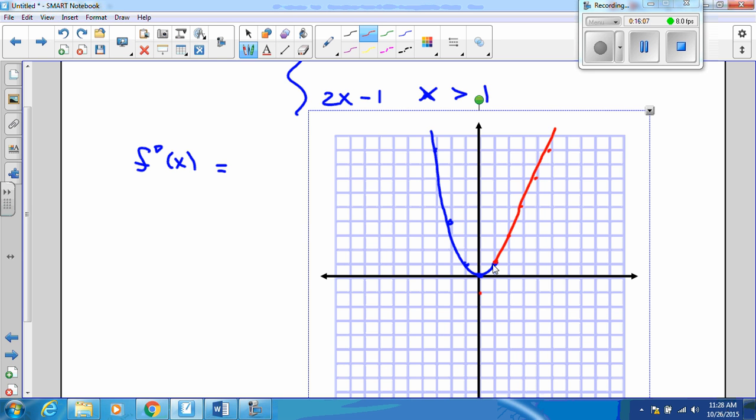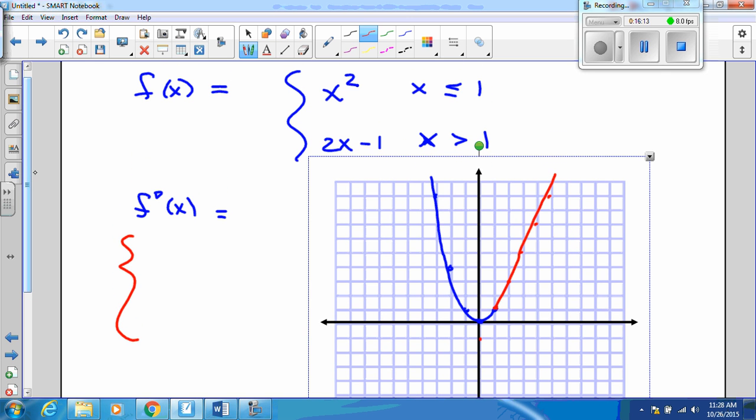Okay. And here's our graph. And what do you get when you take the derivative of the function, Justin?